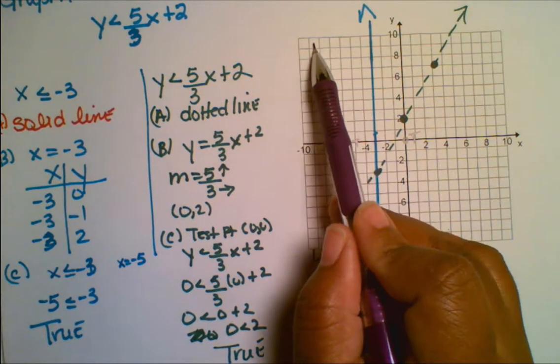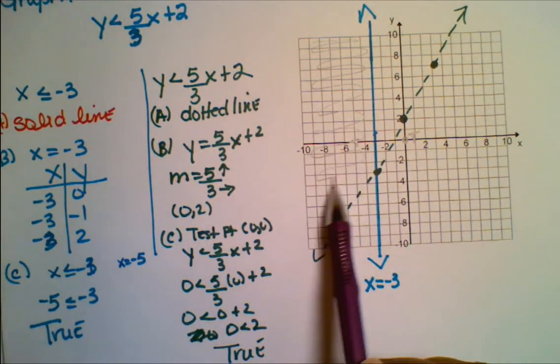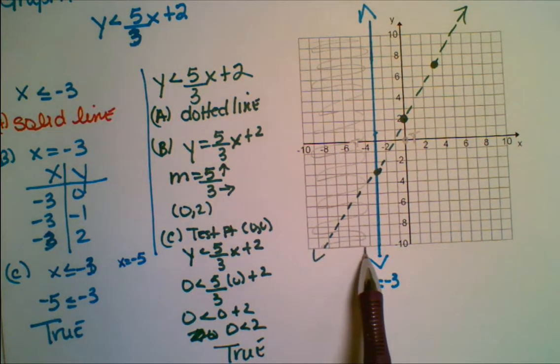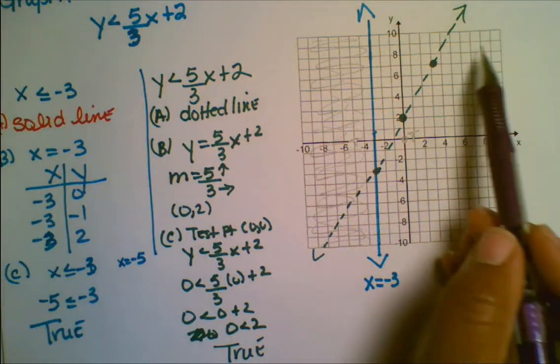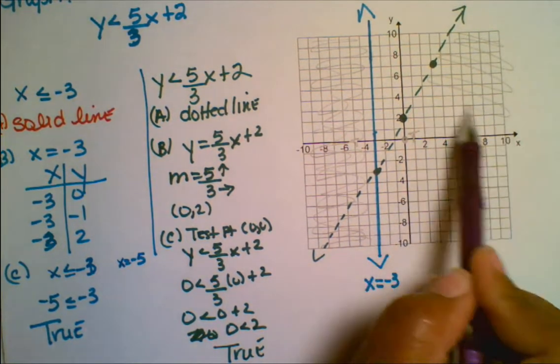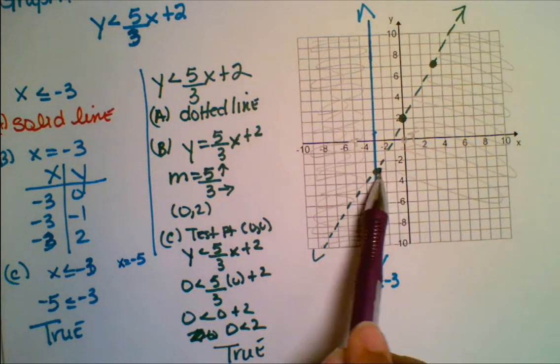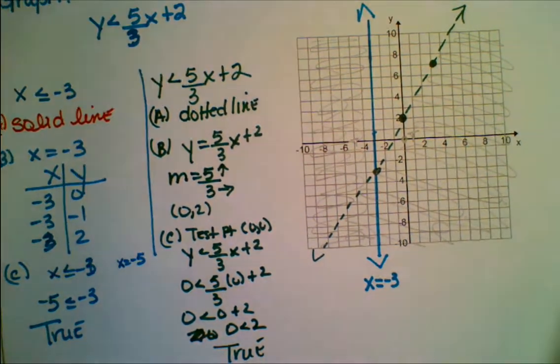So here, I'm going to use a pencil. Our blue line, this is where it's all true. But our green line, look at how I'm shading where the green line is. Do you see where it's intersecting?